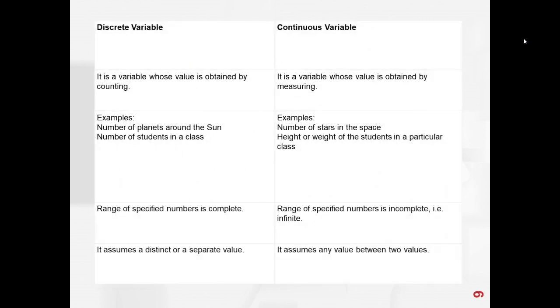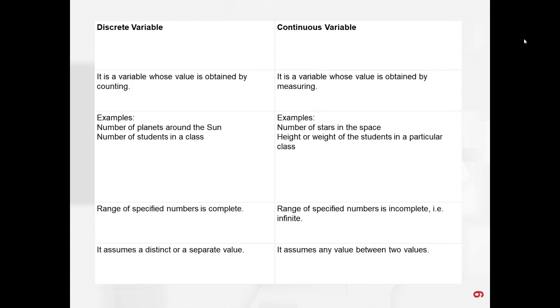So, a discrete variable is a variable whose value is obtained by counting. For example, number of planets around the sun, number of students in a class. The range of the specified numbers is complete. It assumes a distinct or separate value.